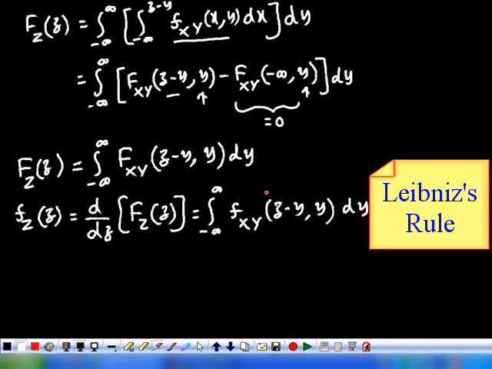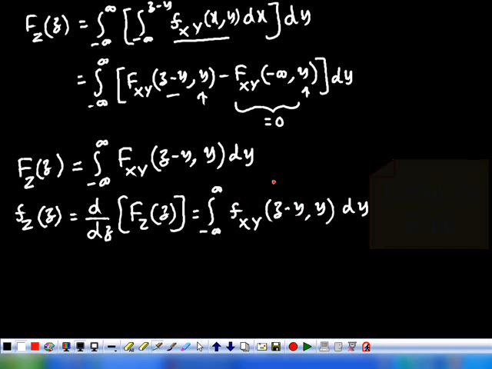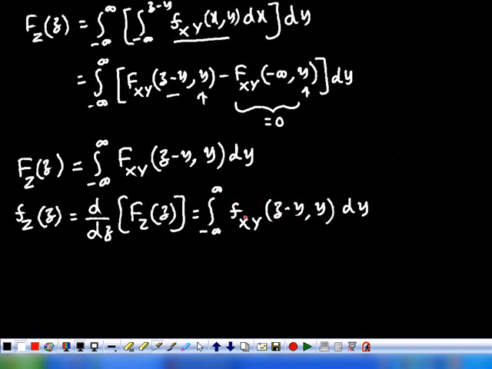Again, see, the integrand is a function of z and y. We are integrating with respect to y. So after integration, the right hand side is a function of z, which is equivalent to the function of z on the left side. But we have assumed that f_XY(z minus y, y) is equivalent to, see, what is z minus y actually? z minus y is equivalent to x, that is f_XY(x, y).